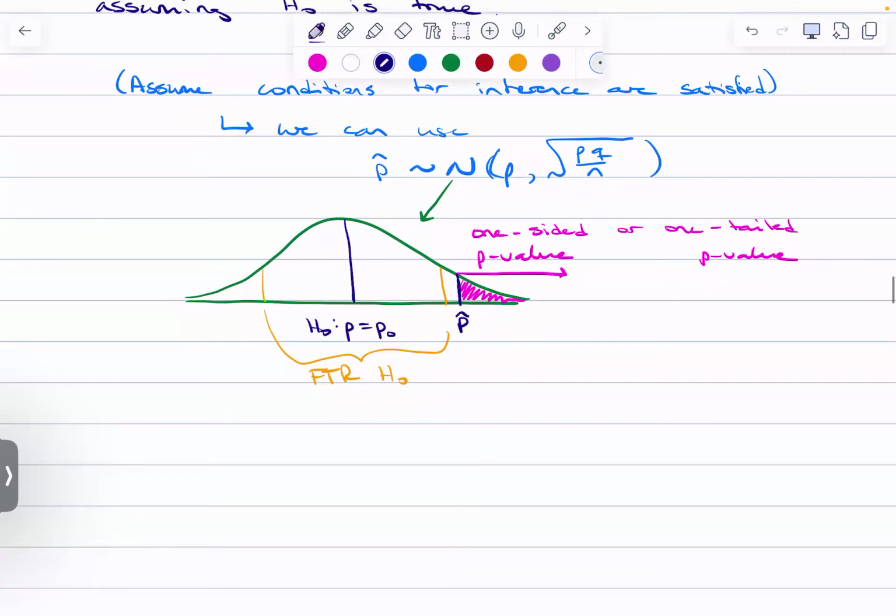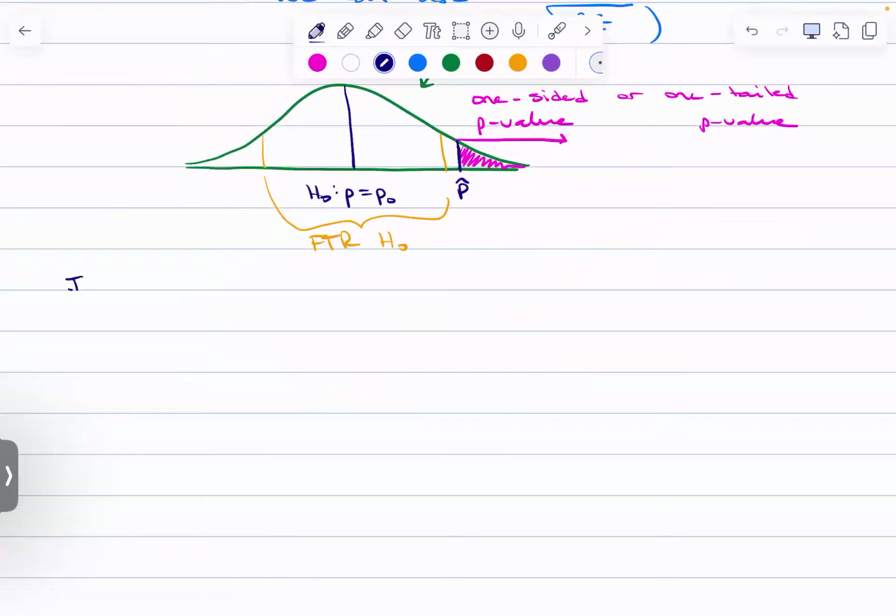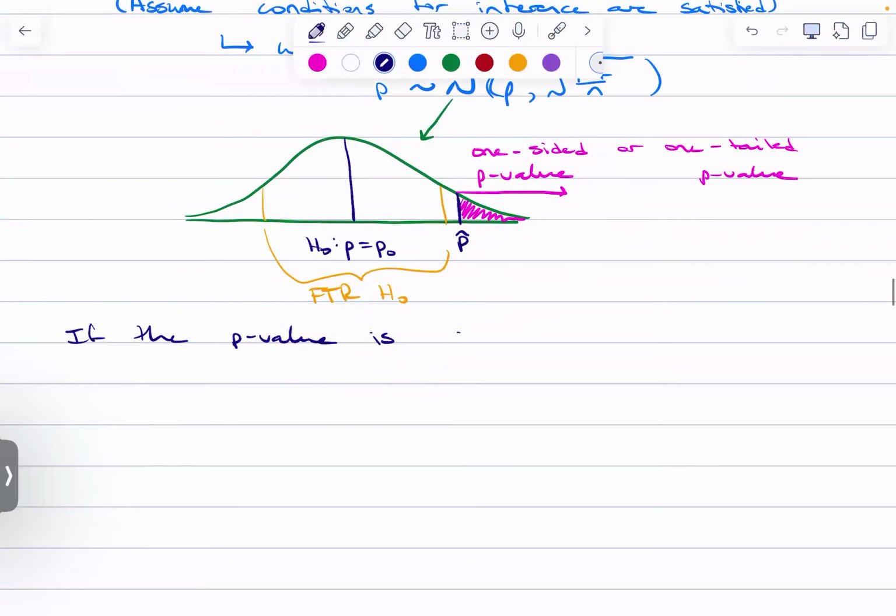So what we're gonna find is that if the p-value is small enough, everyone loves that, small enough, right?